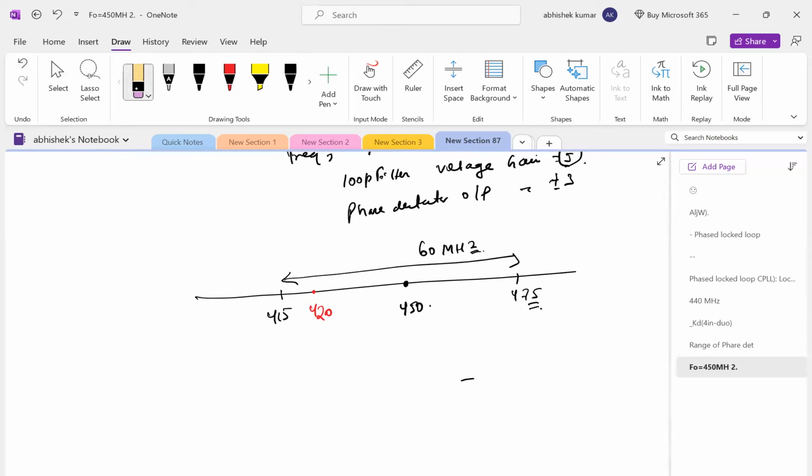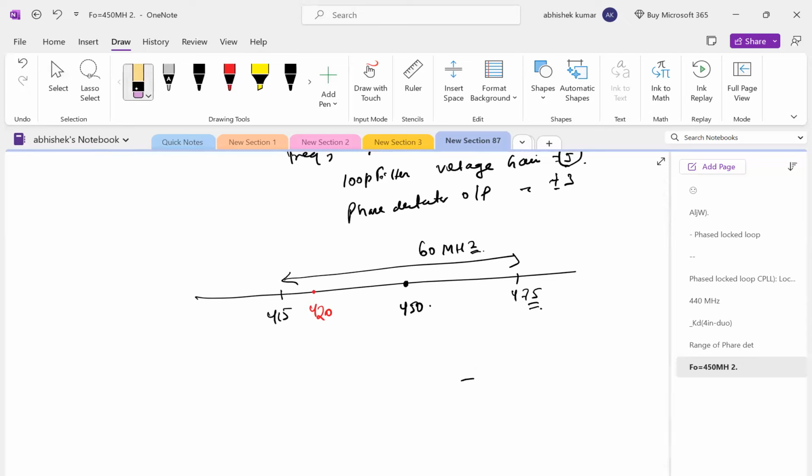The lock range can be given by K naught Ka pi. Here K naught is 2 megahertz, to 5. These 15, 30 megahertz.